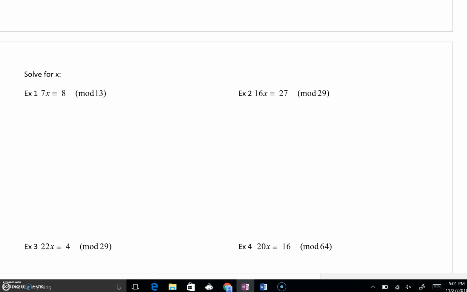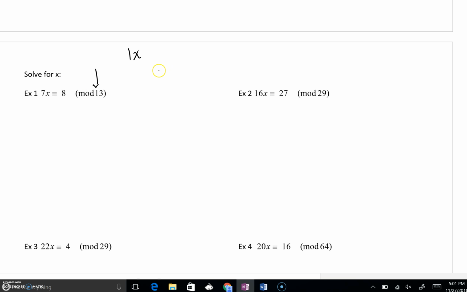Let's take a look at example 1 when you're thinking about solving for x and you can think mod 13. Here's the thing. We want to get a 1x. Every time you've solved an equation, you'd have a 1x. The big question is, how do we get a 1? Well, we have to have a remainder of 1 from 13. So we'd have to be one step bigger than 13.